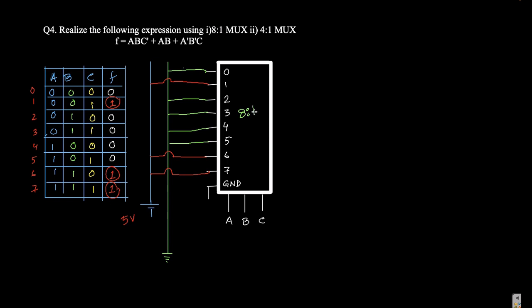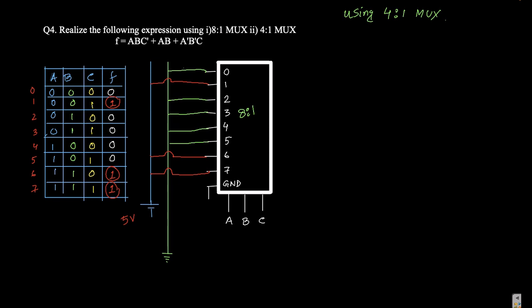Okay. Now minutely observe the implementation using 4:1 MUX. This is quite difficult. Now, what is the truth table? First you draw the truth table.